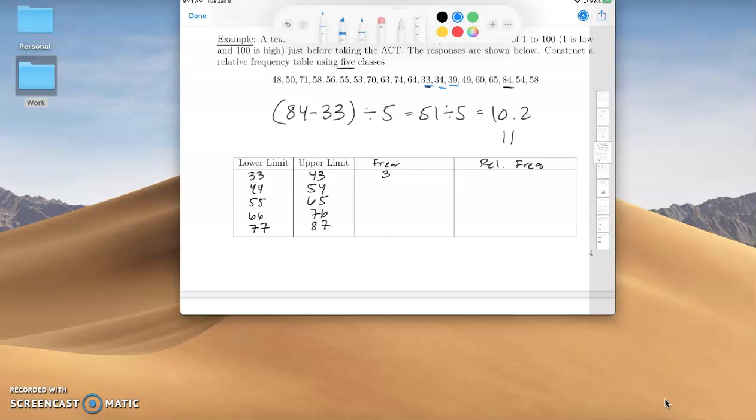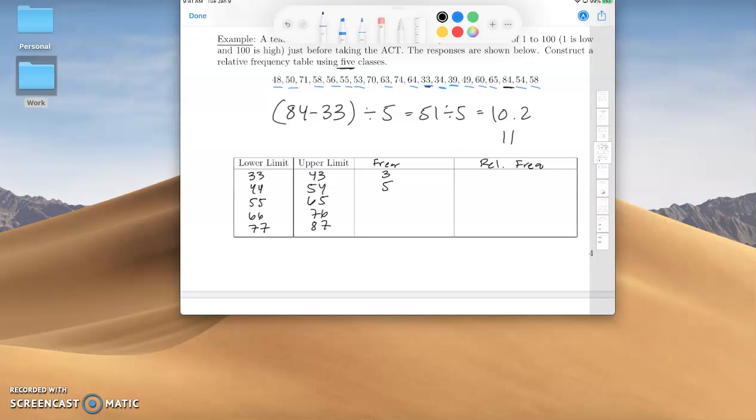Let's look at 44 to 54. We have 1, 2, 3, 4, 5. So we have 5. And then for 55 to 65, we have 1, 2, 3, 4, 5, 6, 7, 8.